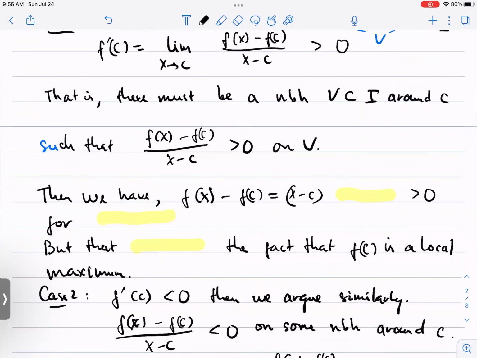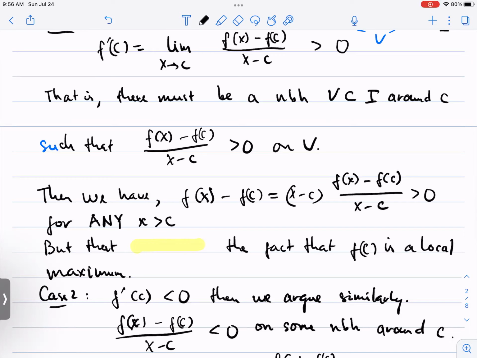Then we have f of x minus f of c is equal to x minus c multiplied with this portion, f of x minus f of c divided by x minus c, and this is greater than 0 for any x bigger than c.